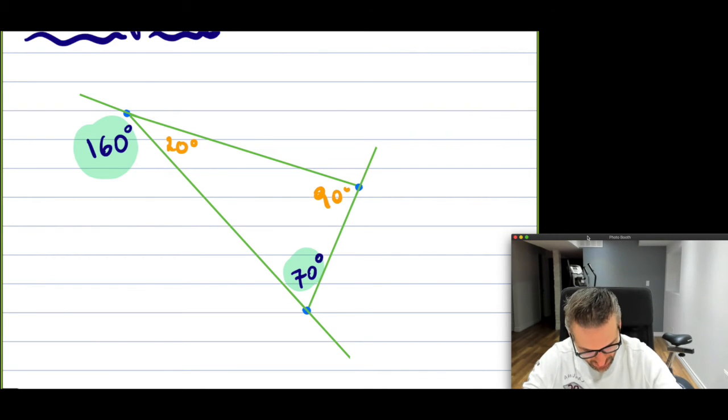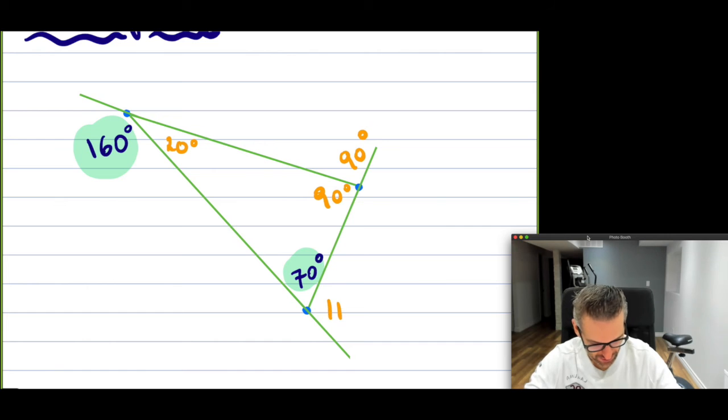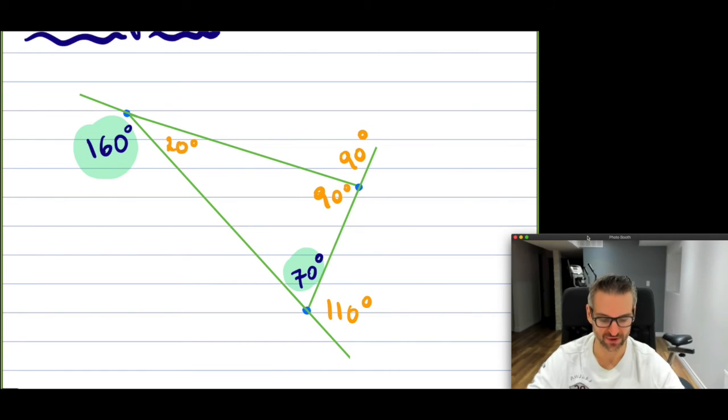This one is 90 degrees because 20 plus 90 is 110, plus 70 is 180, which is all the interior angles. Now this one is also going to be 90 degrees, and the one by the 70 degrees has to be 110 degrees. That gives us all the angles.